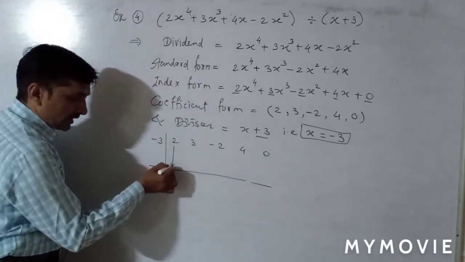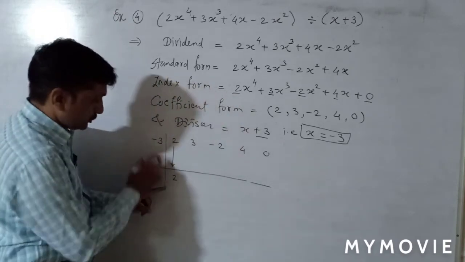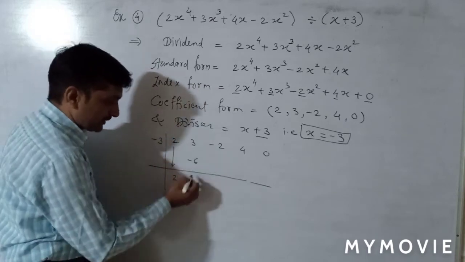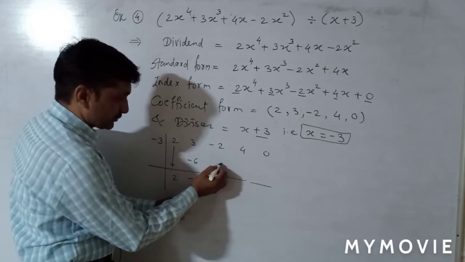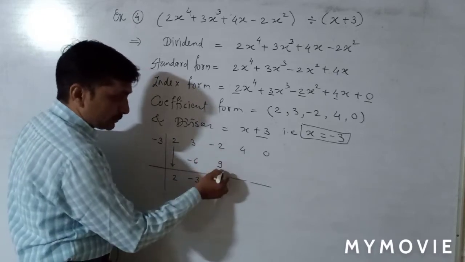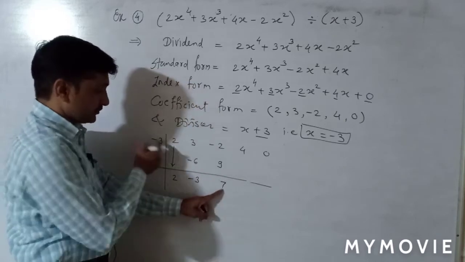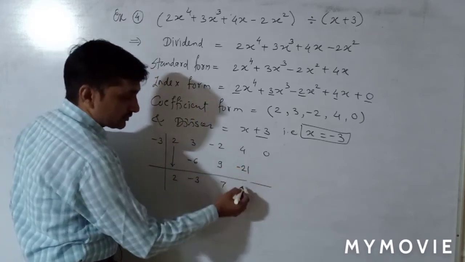First coefficient written as it is in the third row, down. Now product: 3 2s are 6, sign minus, here subtraction, 3 minus 6, minus 3. Again product: 3 3s are 9, minus minus plus, minus 9 plus minus 2 plus 9, 7. 7 3s are 21, sign minus, 4 minus 21, minus 17.